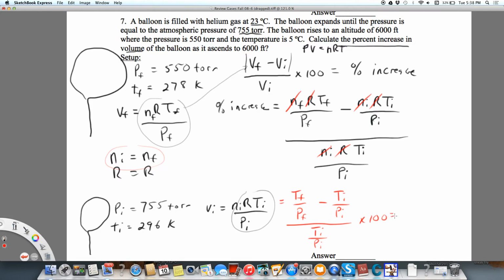So let's do that. Our final temperature is 278 K over our final pressure, which is 550 torr.